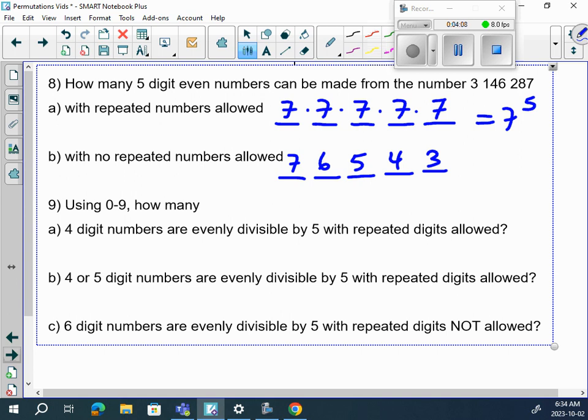This can be done with a more traditional permutation as well. Forgetting about the fact that they're numbers or anything else, there are 7 of them available. I'm trying to place 5 of them. So that's a classic 7P5. 7 items available, 5 to be placed.